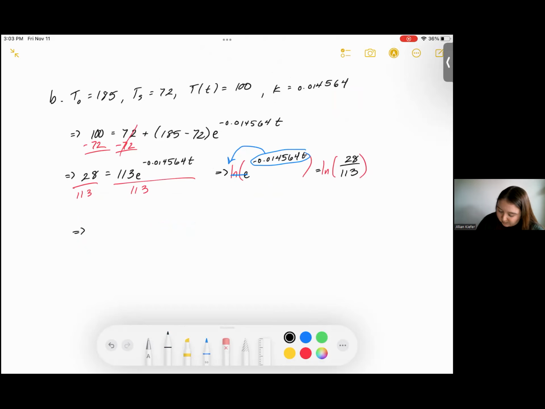So we'll end up getting negative 0.014564 t is equal to the natural log of 28 divided by 113. We want to solve for t, so we're going to get rid of that decimal in the front. We can divide each side by negative 0.014564.